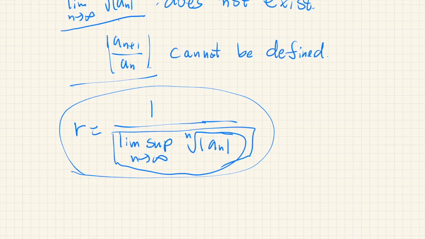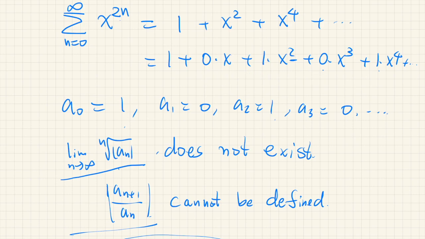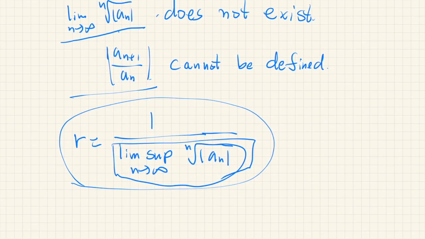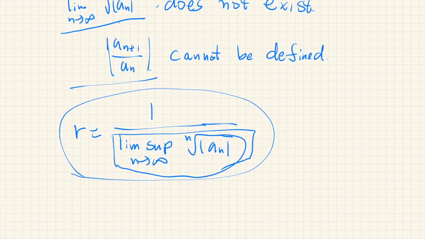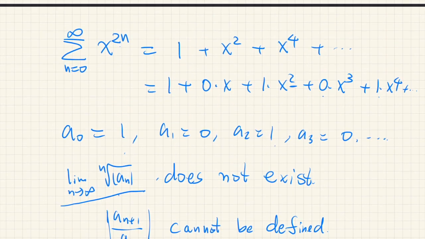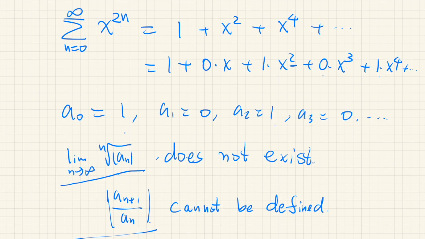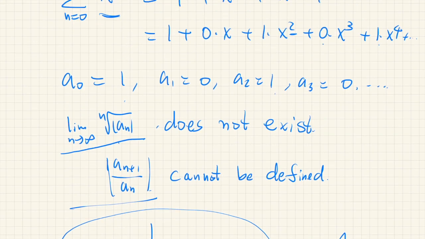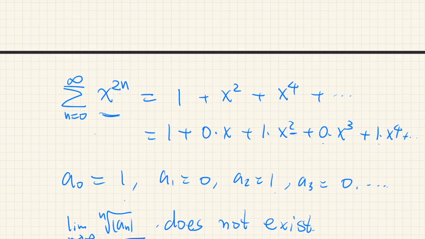But if we just accept this definition, then for this power series, this limit superior is actually 1. So the radius of convergence is 1 for this power series. So as long as the absolute value of x is less than 1, this power series converges.